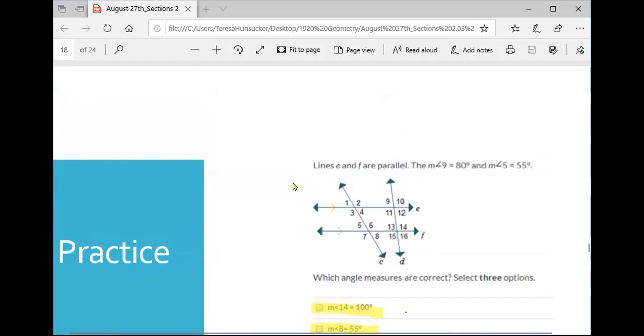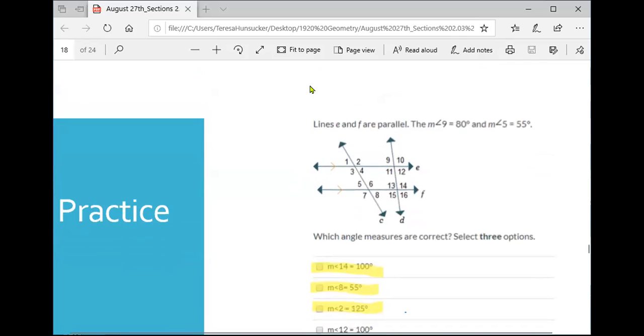By the way, I do want to stress, remember, if you know angle 1, go across. It's congruent to angle 4, 5, and 8. They're all congruent to each other. I don't know how to get different colors.